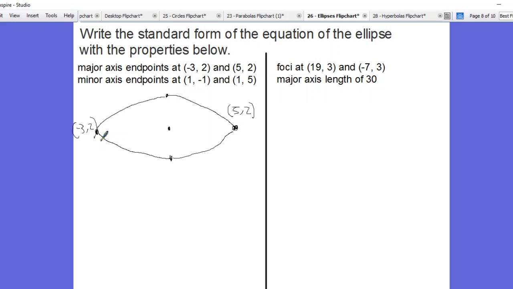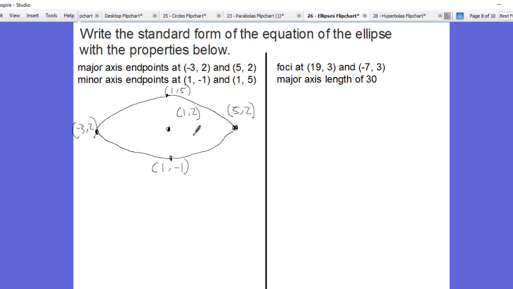And then I have minor axis endpoints at 1, negative 1 and 1, 5. So this point right here is 1, 5, and this point right here is 1, negative 1. Just from looking at this, can you find the x coordinate of the center? 1. What's the y coordinate of the center? 2. Excellent. So we know the center is 1, 2.